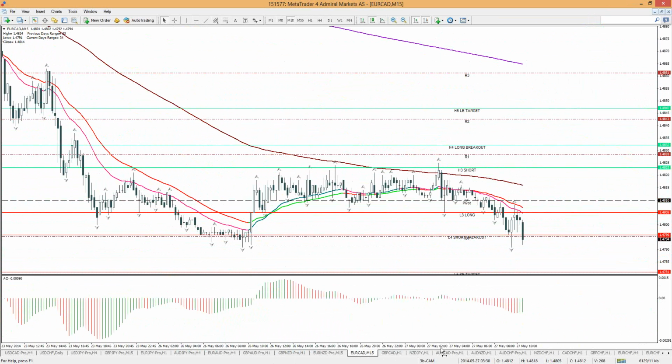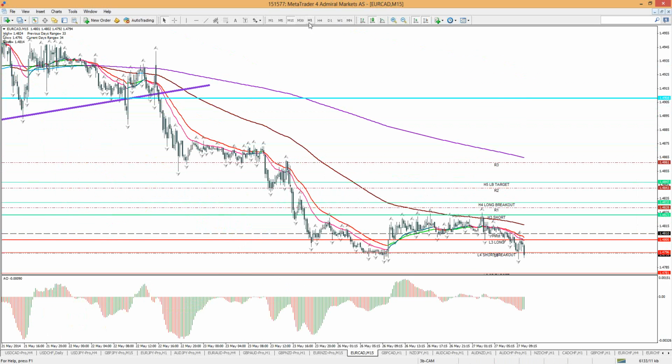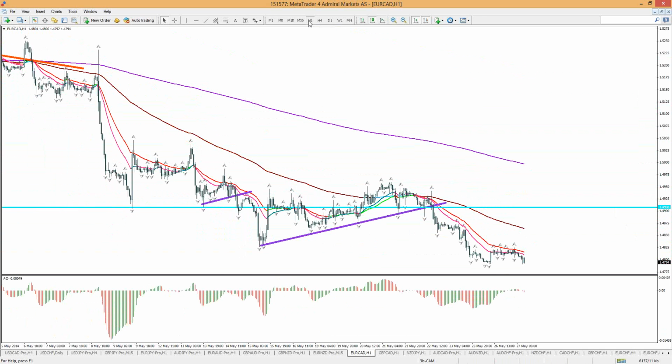There's also quite a lot of divergence between these bottoms. So in that regard, if anything, I would still be a bit cautious of downside.